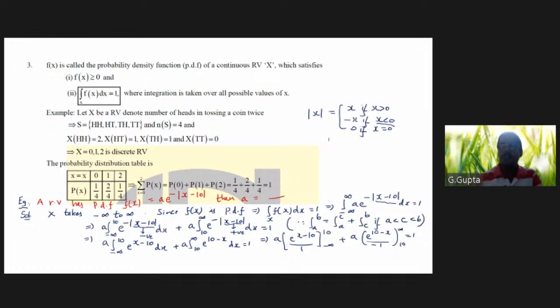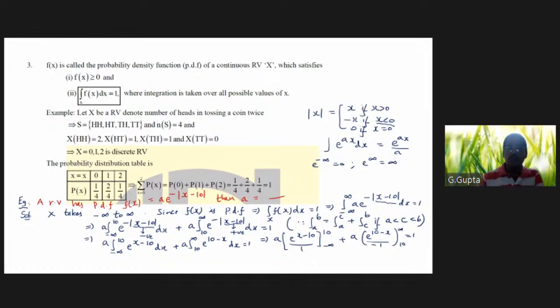Since the integral of e to the power ax, where a is a constant, negative or positive, whatever it may be, is e power ax by a. Now remember, e power minus infinity is 0, but e power plus infinity is infinity.